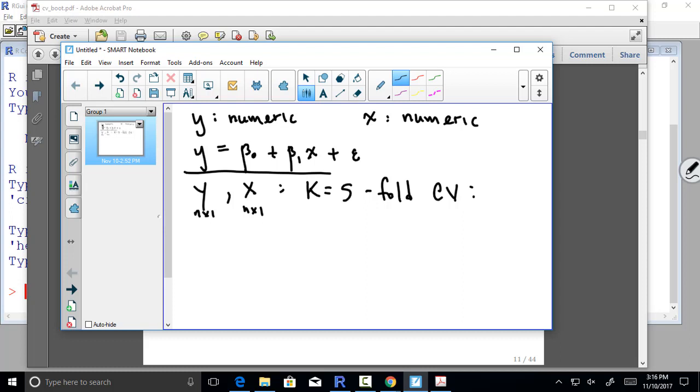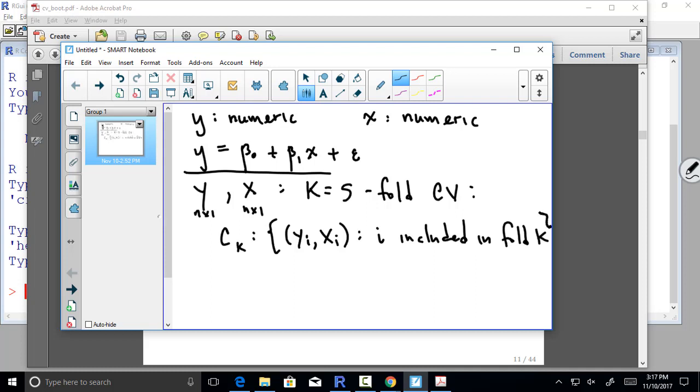So let's say C sub k is the collection of y's and x's such that i is included in fold k. So all I mean by that is C sub k is the collection of y and x pairs for the kth subgroup.